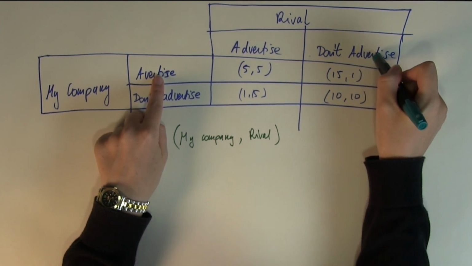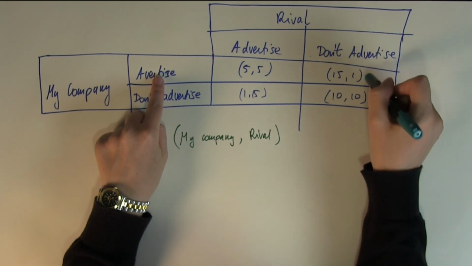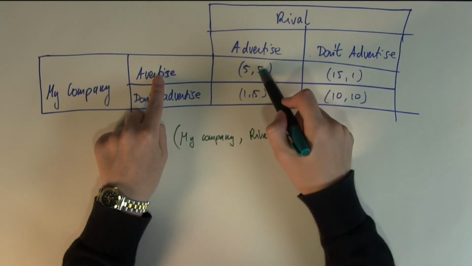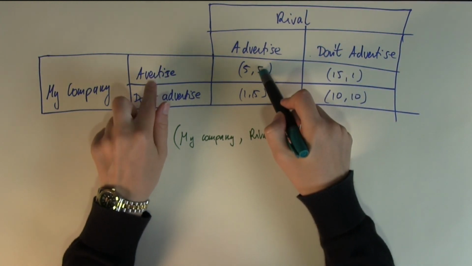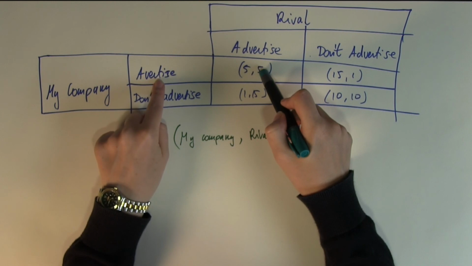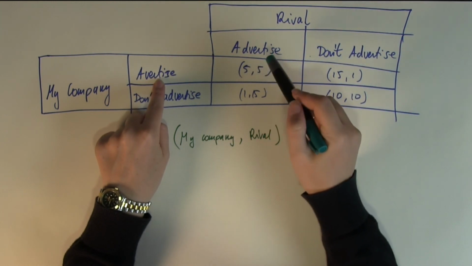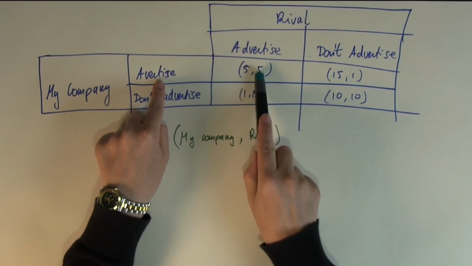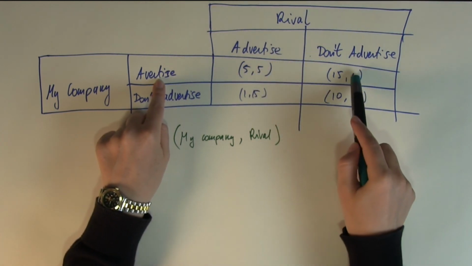But the rival would be quite a silly company not to advertise, because then they would only earn 1 million instead of 5 million. So if I'm going down the road of advertising, my rival will also advertise, because it's better for them to earn 5 million than 1 million.